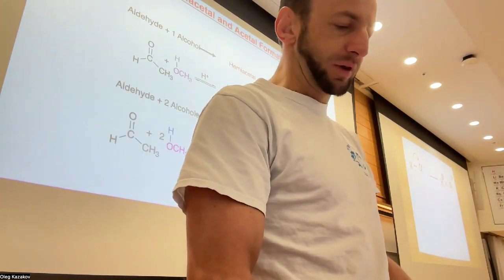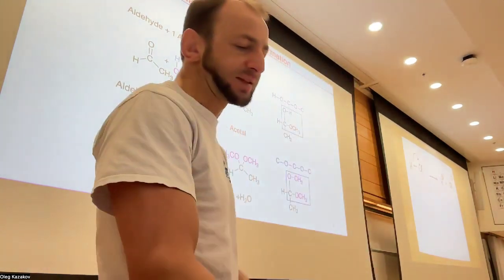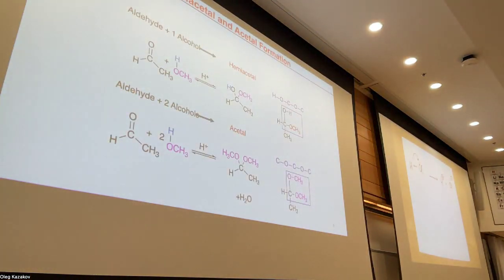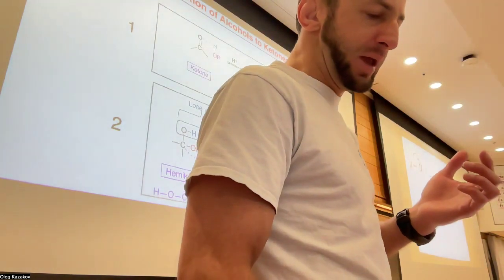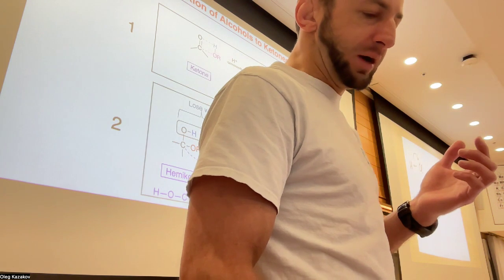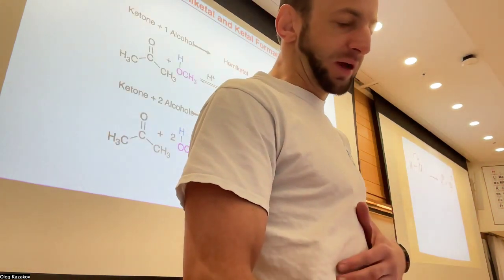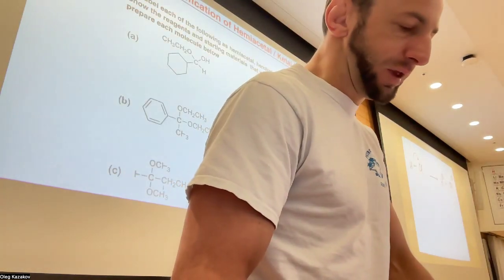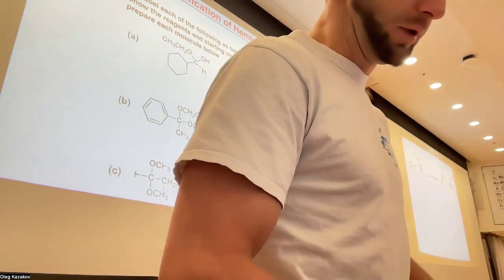We're talking quite a bit about the formation of hemiacetals and acetals, and we have the activity for this purpose as well. We're talking about the ketones and how they add alcohols to themselves. We had some examples as well. Now let's see if we can figure out what different molecules are.